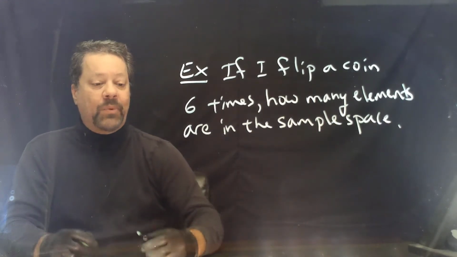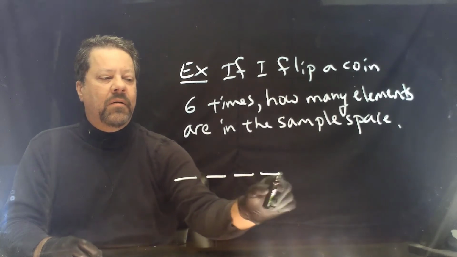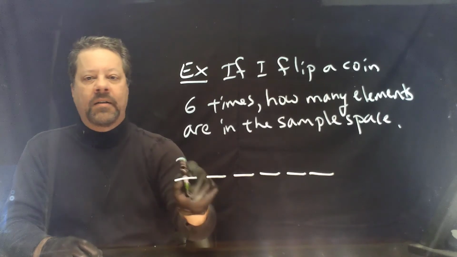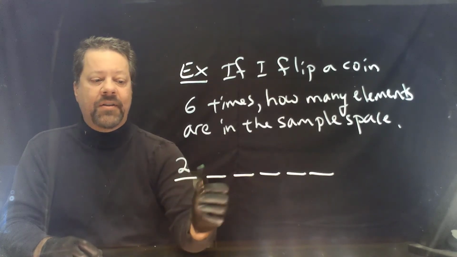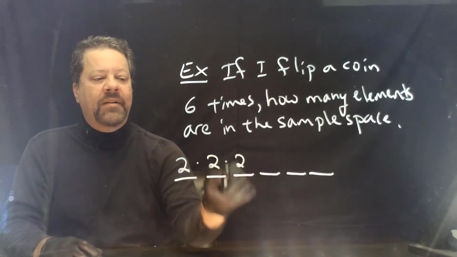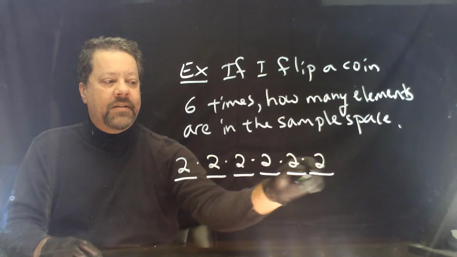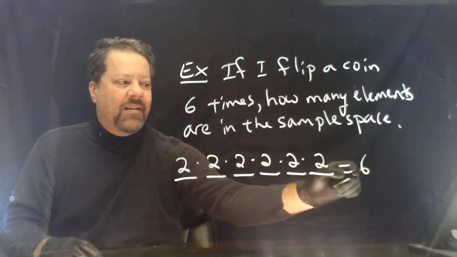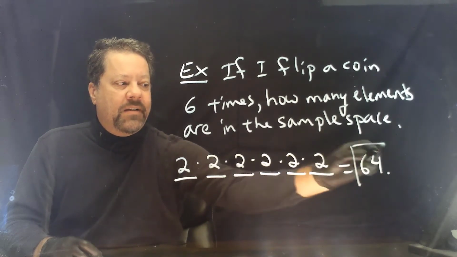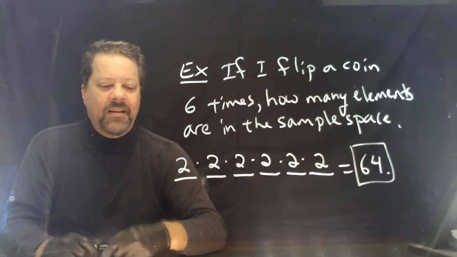We'll assume they're all equally probable, but that's really not the point here. There's 2 possibilities, heads or tails, on the first flip, 2 possibilities on the second flip, 2 possibilities on the third, fourth, 5th, and 6th flips. That gives me 64 elements in the sample space.